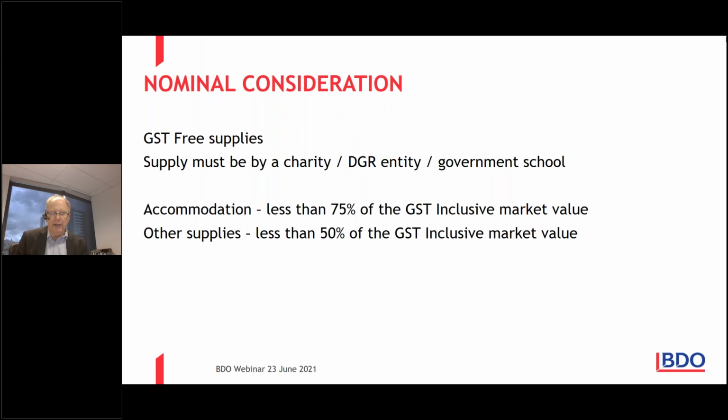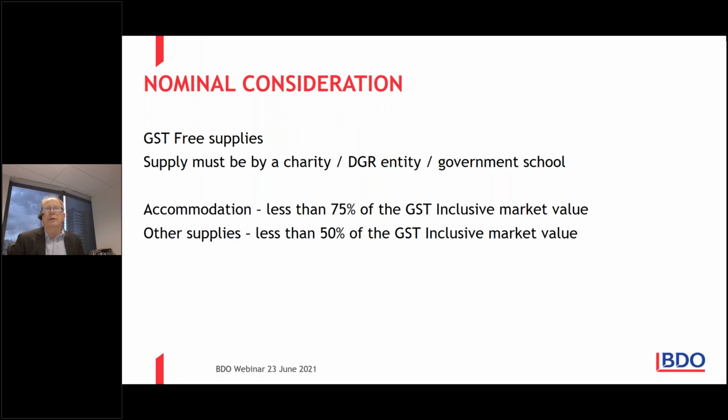So the GST rate is set at 0 and you get to claim all of the GST input tax credits. So firstly, it must be by these endorsed charity, DGR entity or a government school, and the accommodation. So if it's a supply of accommodation, and this is where your community housing entities sit, where they're supplied by charities as distinct from supplied by state government.